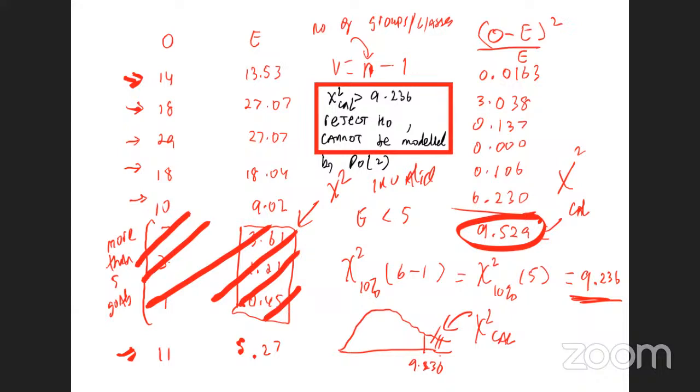You okay with that? The hardest thing is to get the expected values. Any questions, anybody? Anybody confused about anything?